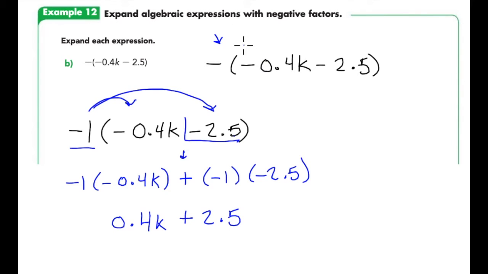If we go back to the way the problem was originally written, and we read this negative sign as the opposite of, well, the opposite of a negative 4/10 k would be 4/10 k, and the opposite of a negative 2/5, which is my next term there, is a positive 2/5.